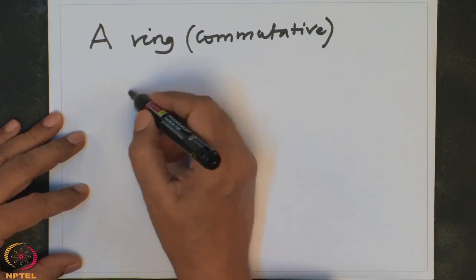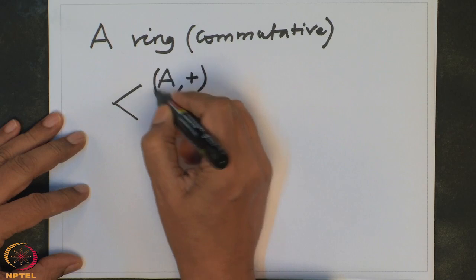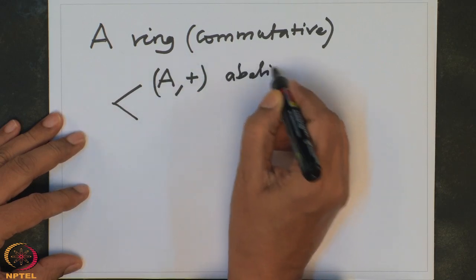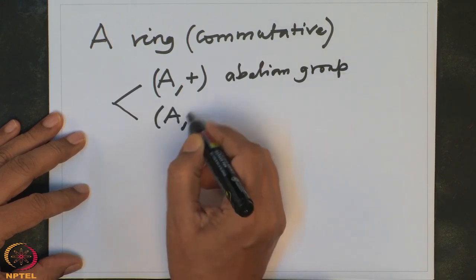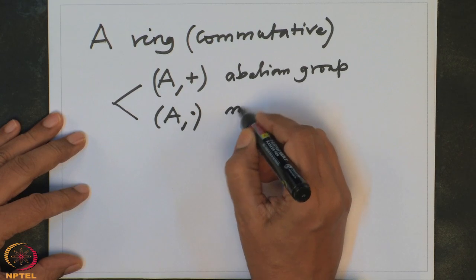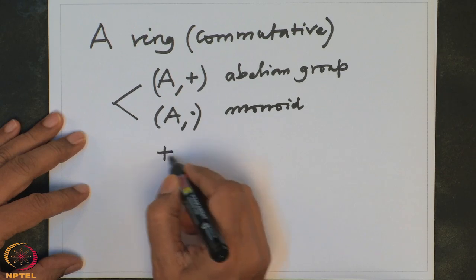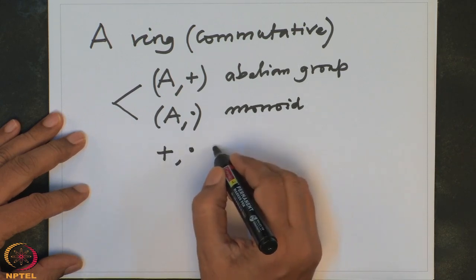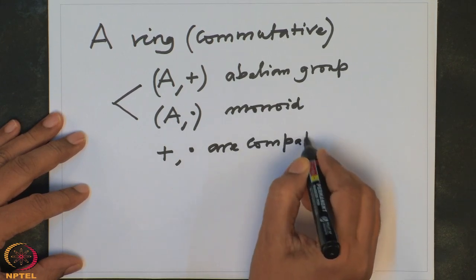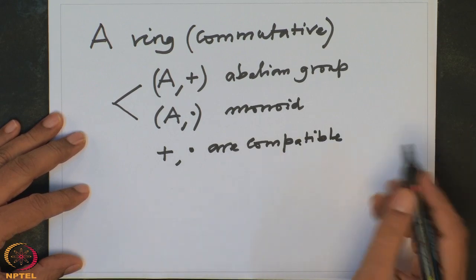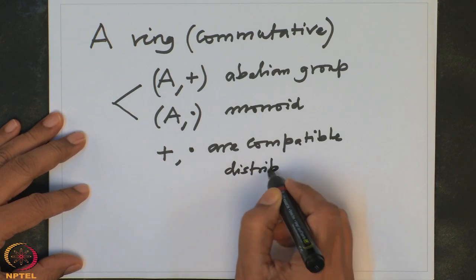That means A plus is an abelian group, and A dot is a monoid, and plus and multiplication are compatible. That means they satisfy distributive laws.